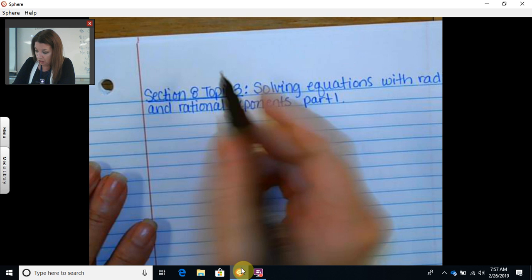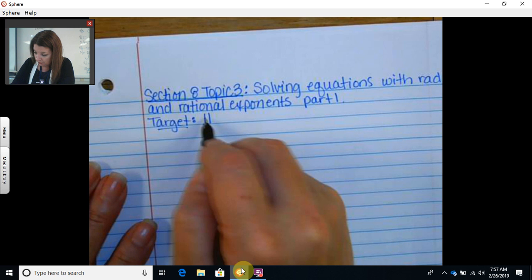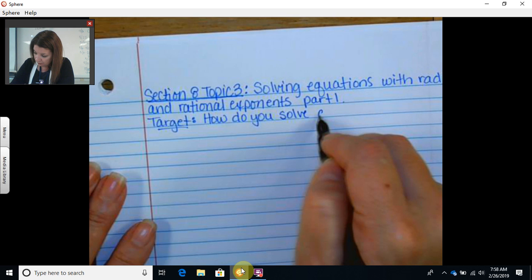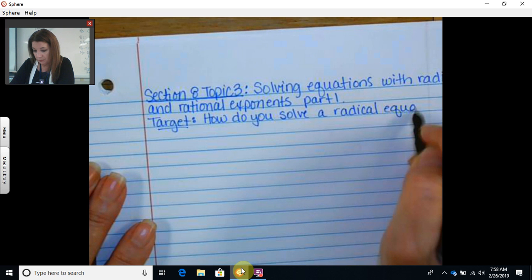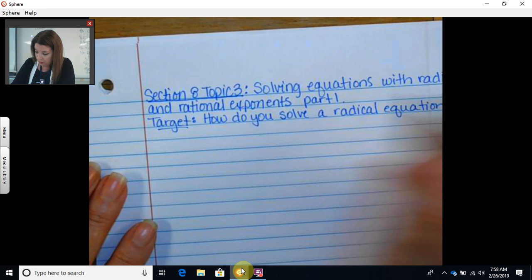And the target: how do you solve a radical equation in one variable?